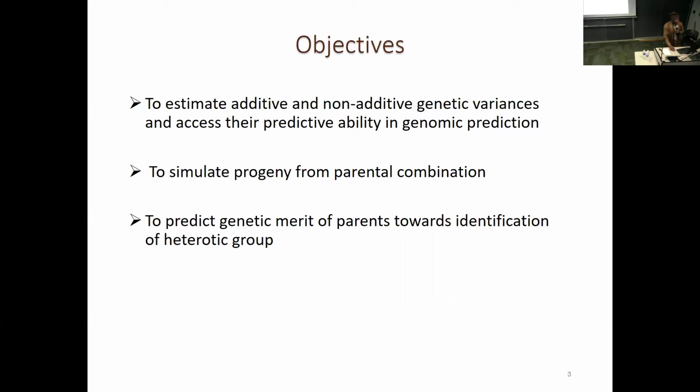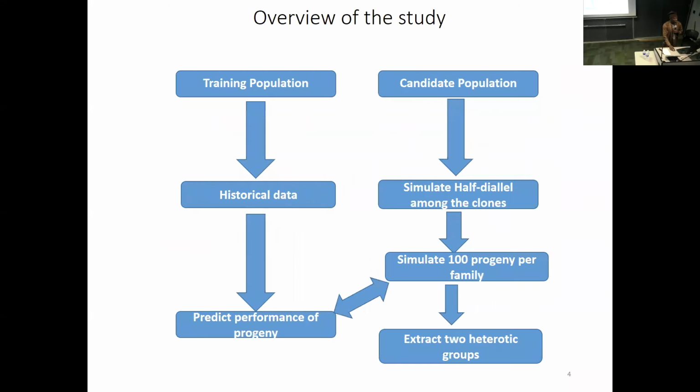So there is a need for us to do simulation. Based on the simulation, we are going to use the result to predict the genetic merit of parents toward identifying heterotic groups. So this is the general concept of the whole study.